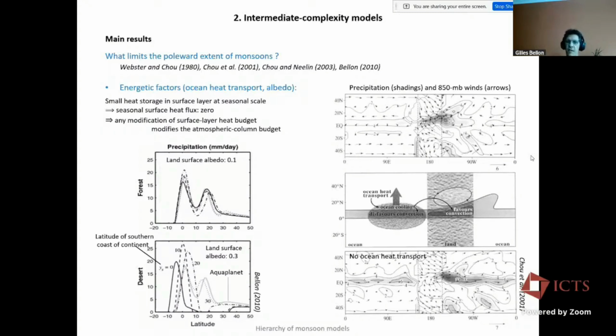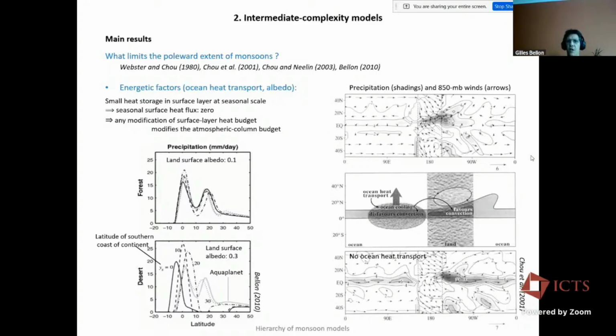So the net heat flux on a continental surface on seasonal time scale is essentially zero. So whatever energy goes into the surface is given back, either in a radiative form or as turbulent surface heat fluxes.